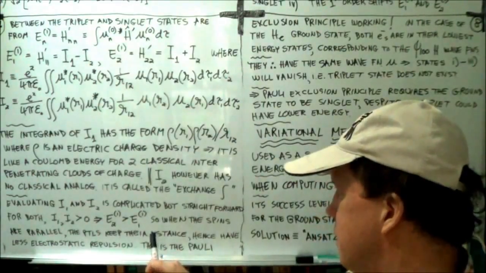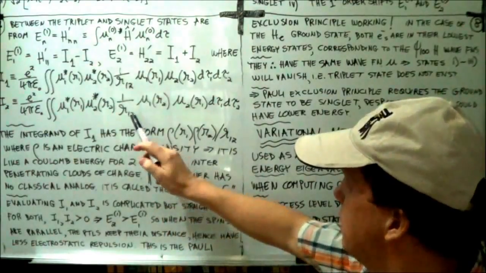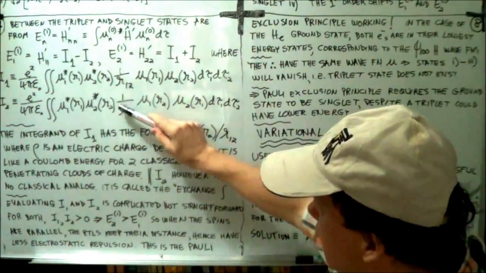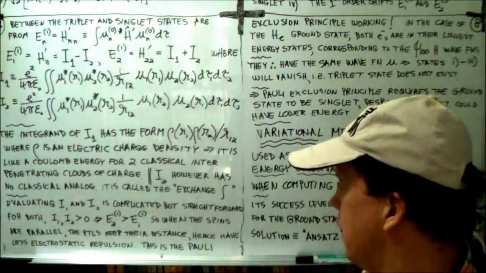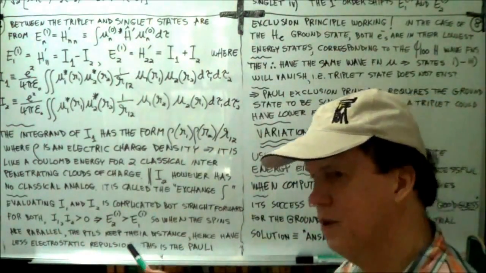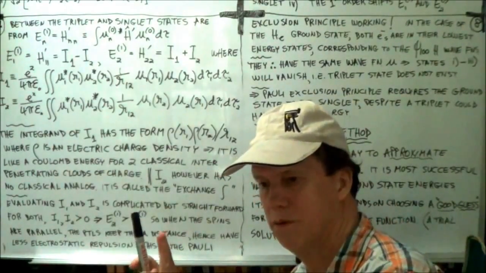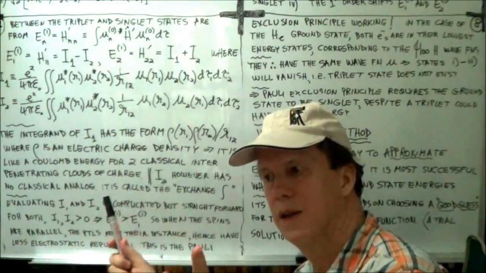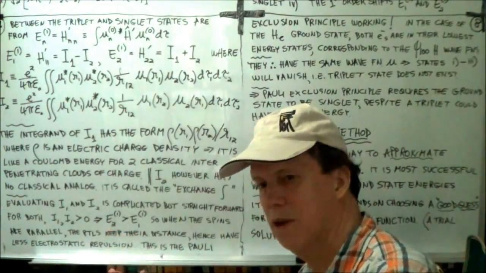So if they're keeping their distance, this distance here is larger, so 1 over larger is smaller, and that would be consistent with the Pauli exclusion principle. So when you have the spins in the same state, the two particles can't get close.